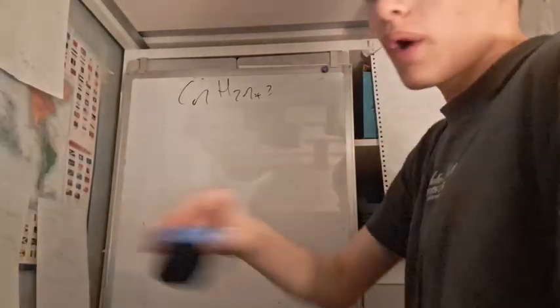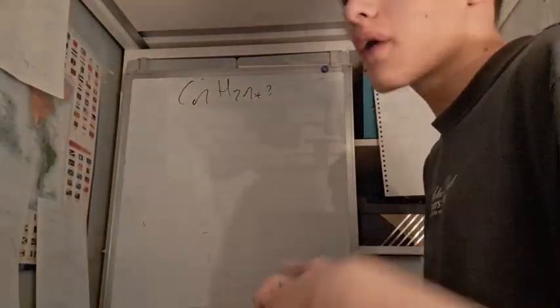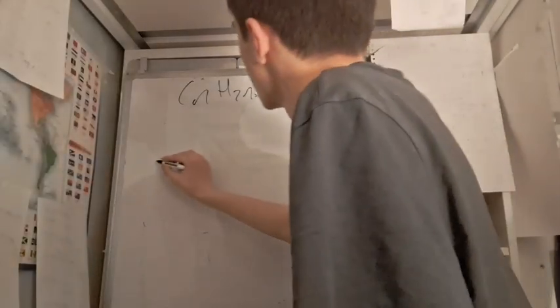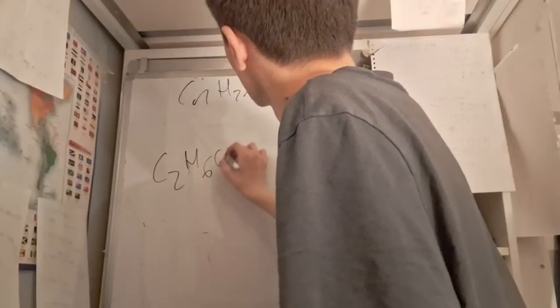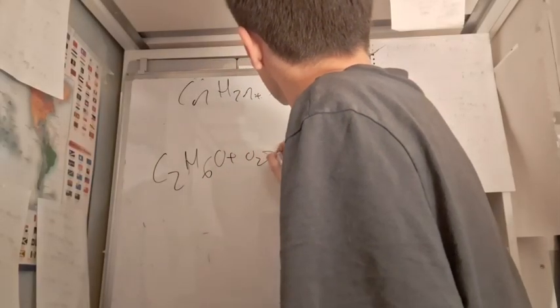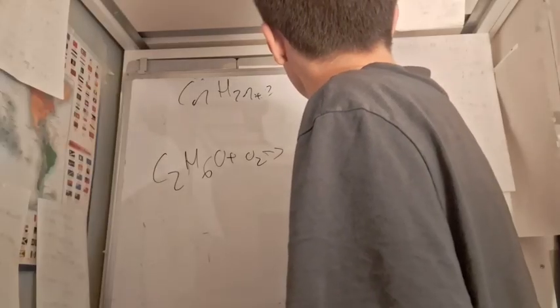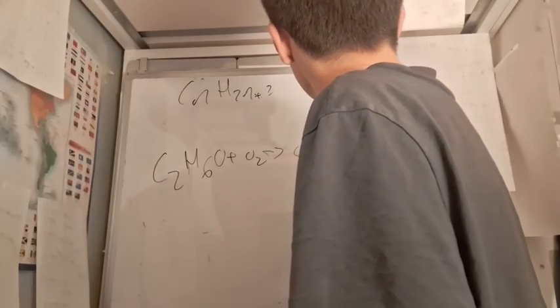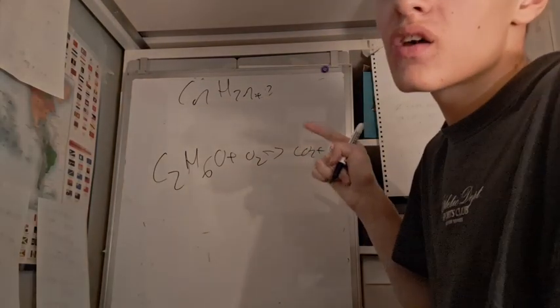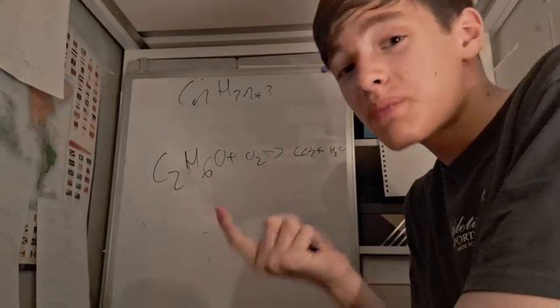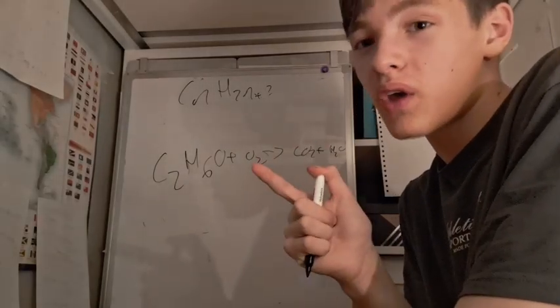Now we have to do it in a way where it doesn't break any rules of physics. So, CO2, which is carbon dioxide, plus H2O. Carbon dioxide, we need it in the atmosphere, but too much of it is bad, and that's one of the reasons why global warming is happening.